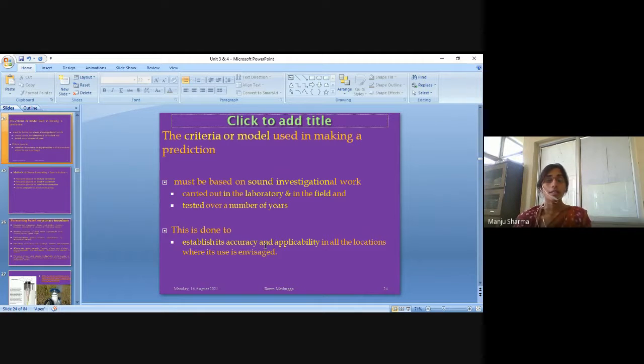Now, the criteria or model used in making a prediction. First, it must be based on sound investigational work carried out in the laboratory and in the field and tested over a number of years.